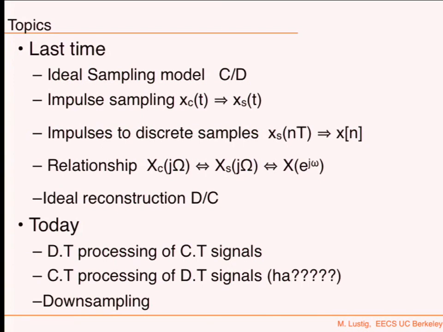Okay, so last time we talked about the ideal sampling model, so continuous to digital conversion, where you take continuous time signals and you convert them into digital samples. We tried to model this through certain modeling or simplifications.